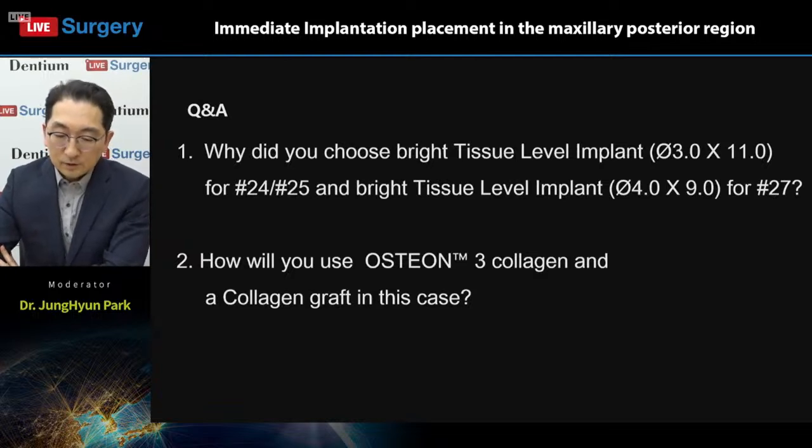If the diameter is reduced too much, the outer wall of the fixture becomes too thin, creating a risk of fracture. Therefore, in such cases, the thin and strong Bright tissue level is an ideal choice, I think.